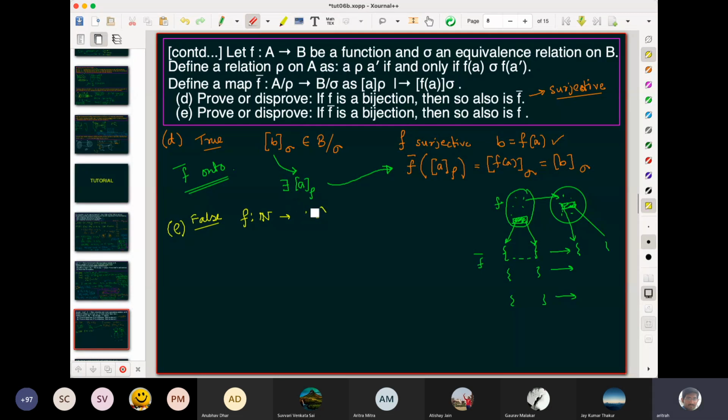Okay. And we take the remainder. So the relation rho you are saying is x modulo 2, right? Yes, sir. And what is F bar?